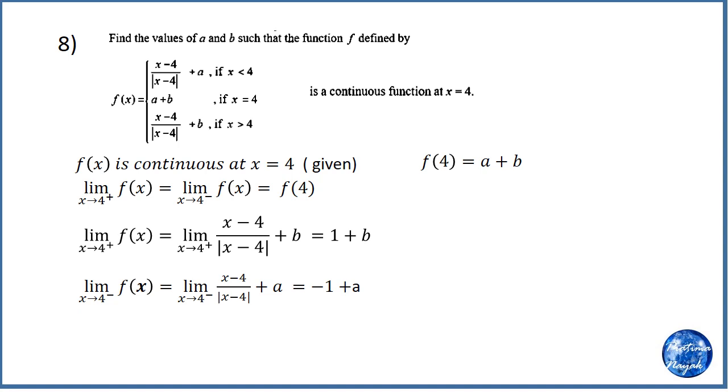So we'll make them equal. So 1 plus b is equal to minus 1 plus a is equal to a plus b. So I hope you can get a and b now. So a is equal to 1, b is equal to minus 1. Only you have to recall this fact. This will be plus 1 and this will be minus 1.